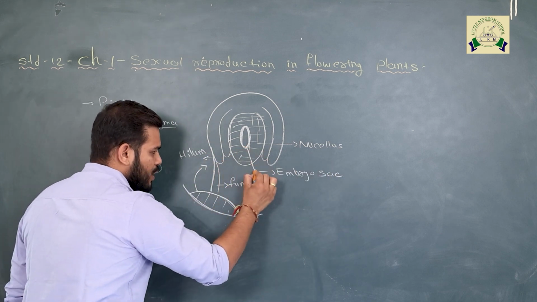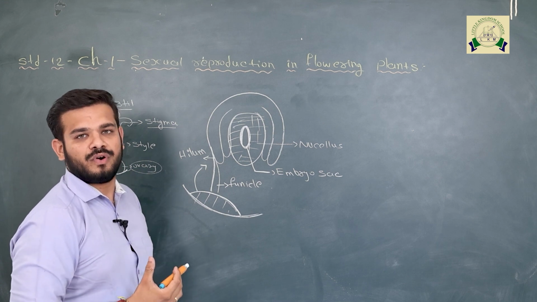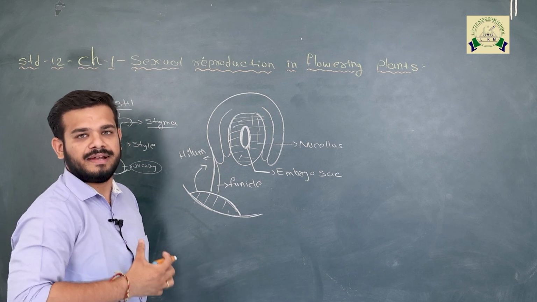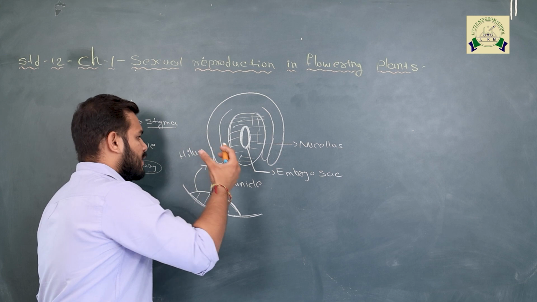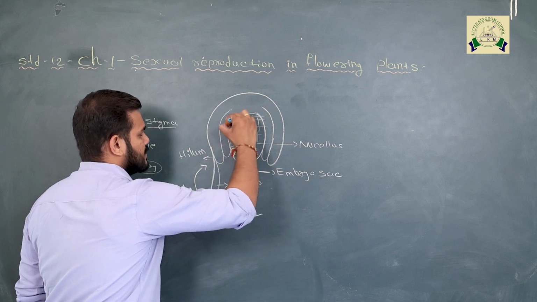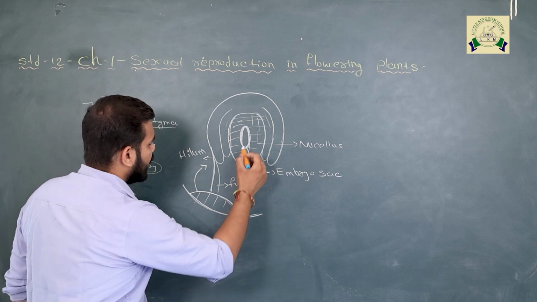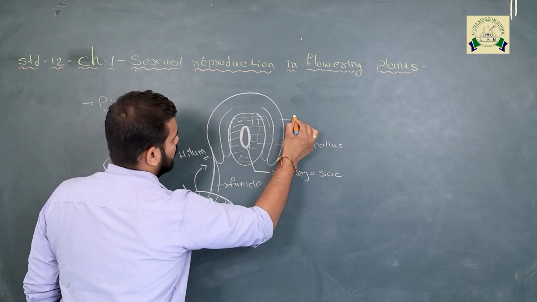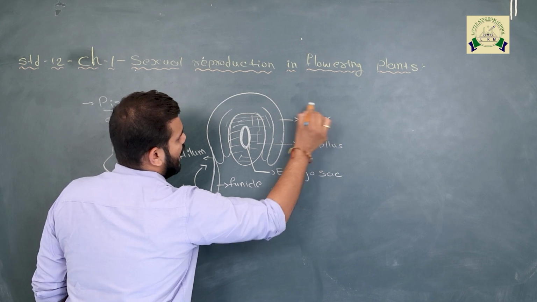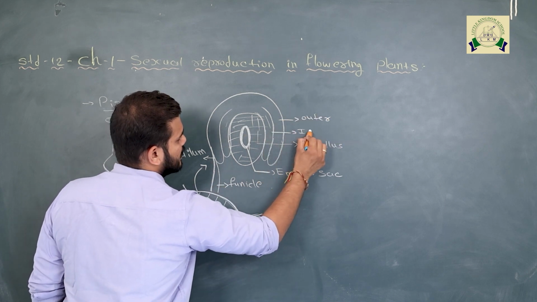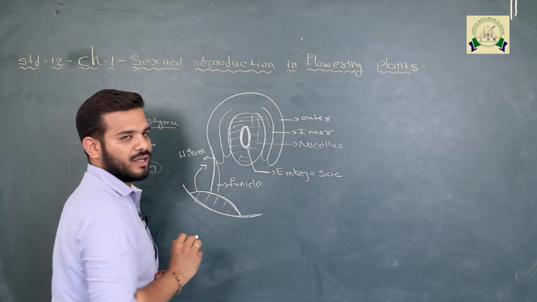As the embryo sac is the most important for sexual reproduction, it needs protection. That's why this layer or membrane protects the developing embryo sac. This one is the outer integument, this one is the inner integument.